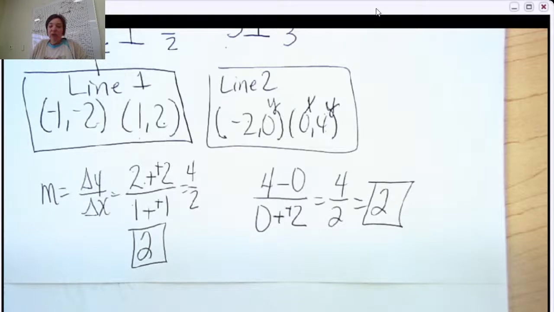Now, if you were given information about a perpendicular line and said this line's perpendicular and goes through this point, you would do the same thing as we did with the parallel lines by putting it in point slope form.